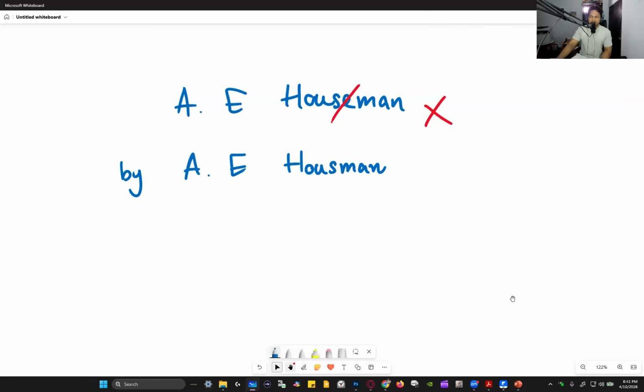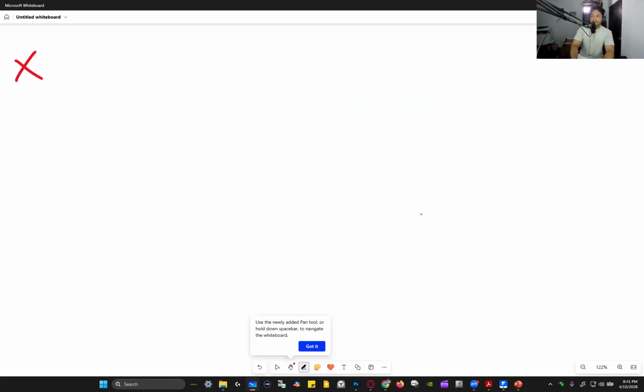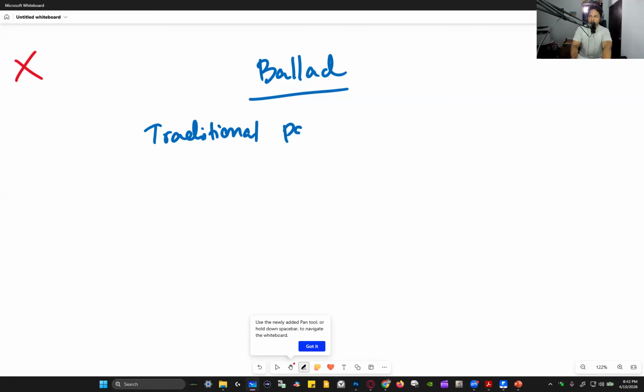This is what makes the poem a ballad. If you don't know, you can roughly write this down. Number one, it must be a traditional poem.